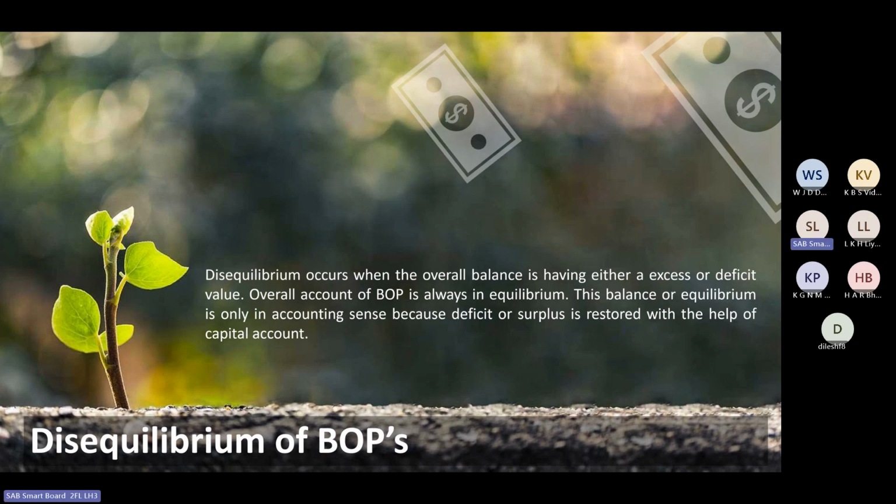So the overall account is the account that provides an overall understanding of the balance of payment account. This balance or equilibrium is only in the accounting sense because a deficit or surplus is restored with the help of capital.